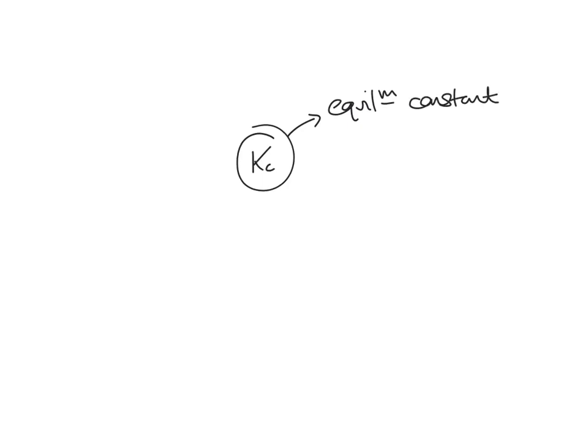Now, it differentiates itself from rate in that the K is a capital K, and this is subscript c, whereas rate is lowercase k. Okay? Kc as an equilibrium constant gives you an idea of the concentration of the products and reactants at equilibrium. So it basically tells us how far left or right the position of equilibrium is.